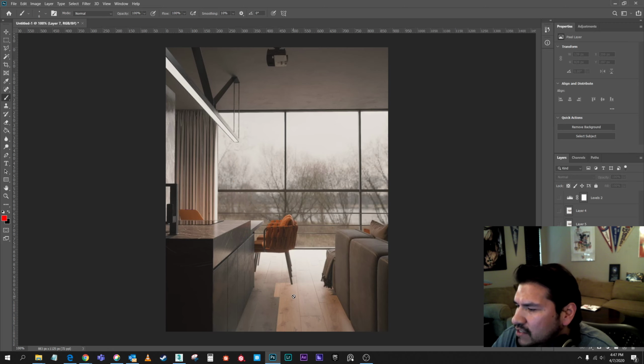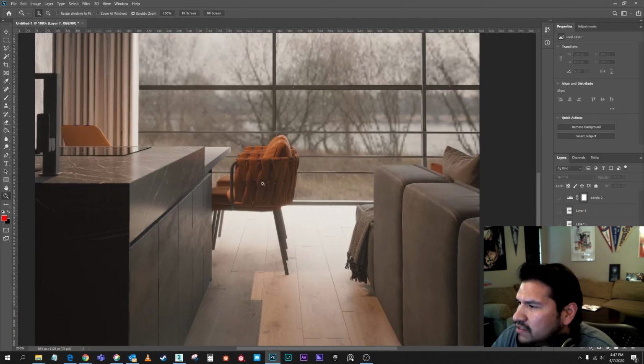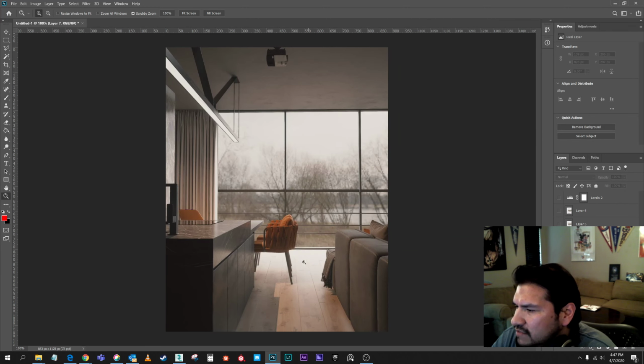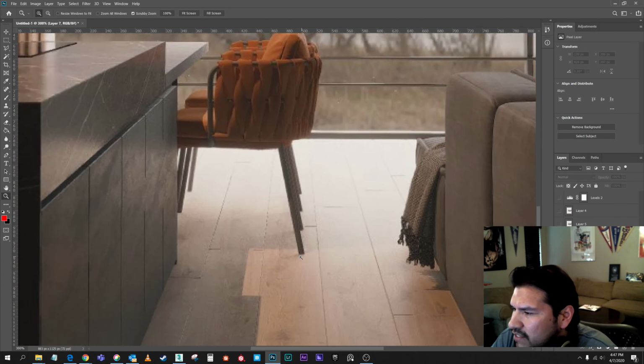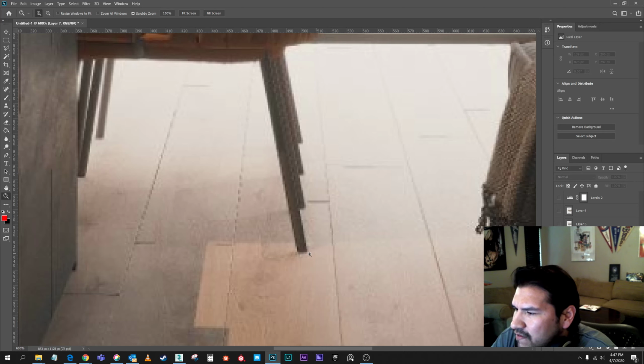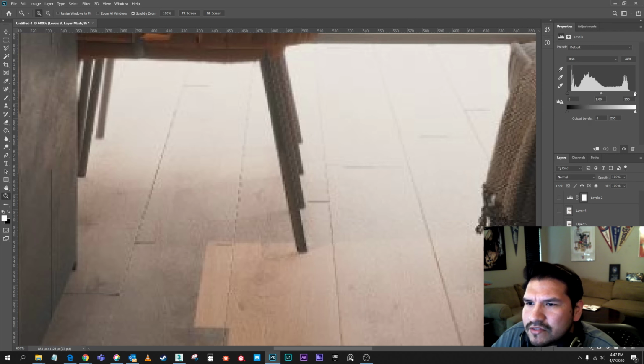The other thing I wanted to notice here is why does this chair look like it's floating? Well, there's a couple reasons why it looks like it's floating. One, there is shadow detail there. I don't know if you can notice it. We're just going to bump the levels.